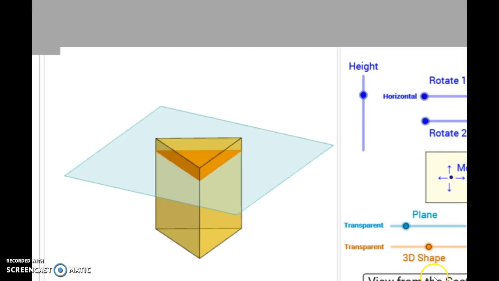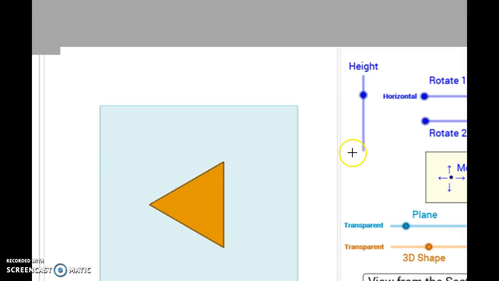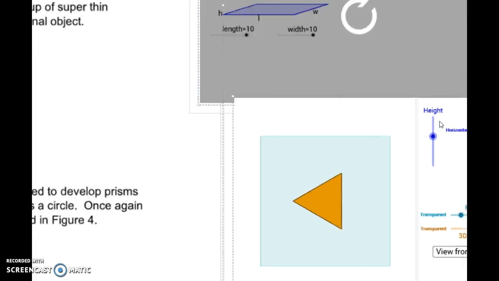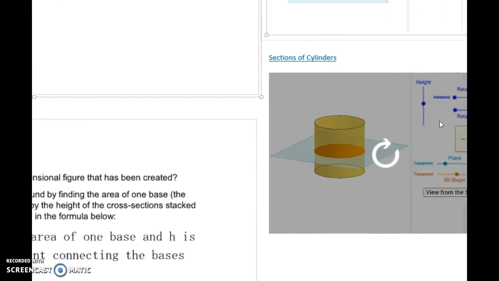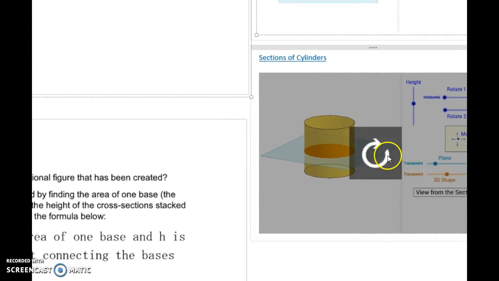If we were to view this from the top, it would look something like this. And again, as we change the height, it really doesn't change much. We're still stacking those triangles on top of each other to give us our volume. It works the same with cylinders as well, but now our cross-section is going to be a different shape.